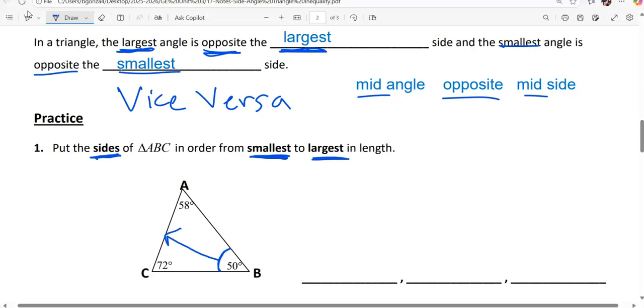Do your best to freehand straight through the middle. Now, here's the question. What is the name of this side? This side over here goes from here to here. What are the two endpoints? What are the two letters here? CA or AC? Doesn't matter. Okay. So that means my smallest side, across from my smallest angle, is AC with a segment on top because it's a segment. Cool?